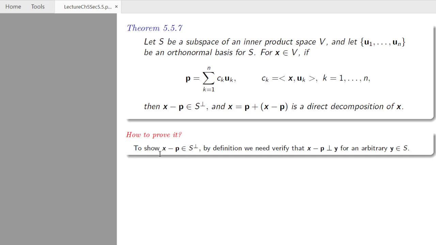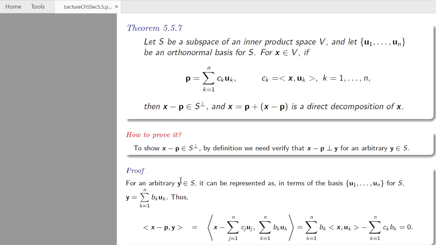To show this vector X minus P belongs to the orthogonal complement of S, we need to show this vector is perpendicular or orthogonal to each vector Y, where Y is a vector of S. Once we understand what we're supposed to show, the proof is relatively simple. So here's the proof.